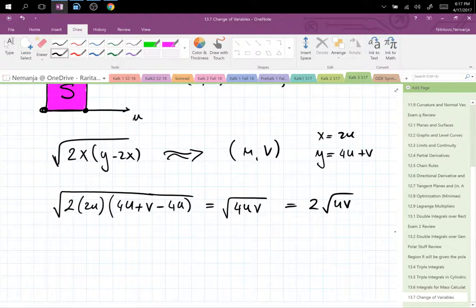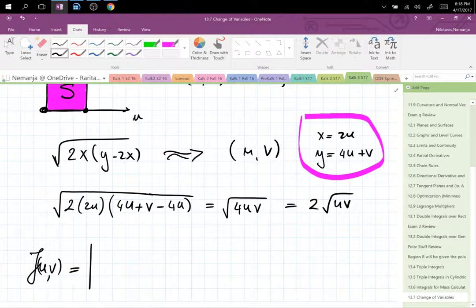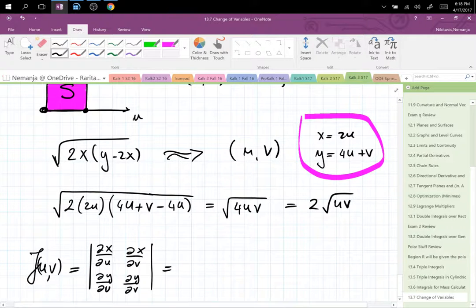So working on a du portion of it. So Jacobian matrix of uv. So that will be determinant. And now we have partial x, partial u. So I'm going to write it partial x, partial u, partial x, partial v, partial y, partial u, partial y, partial v.